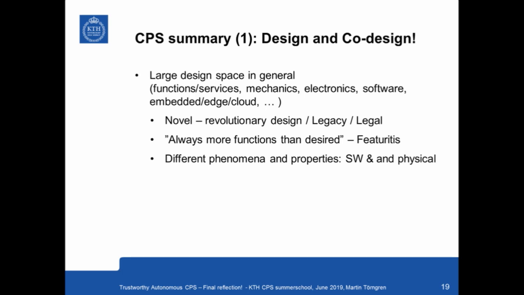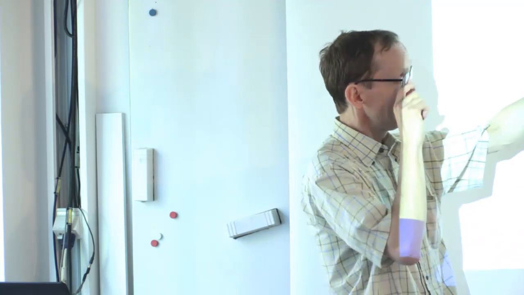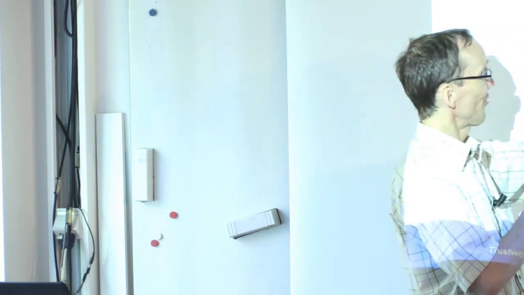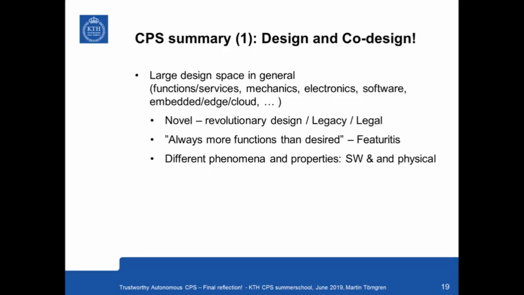Okay, so to wrap that up, when we design the CPS, the juggling robot, the automated car, in general we have a very large design space because we have the physical and the cyber domains. And on the one hand, we have to think about what functions are really important to put there, so to try to avoid the featureitis. But since we are never designing from scratch, we are always reusing more or less novel, more or less revolutionary, more or less evolutionary, legacy-based.